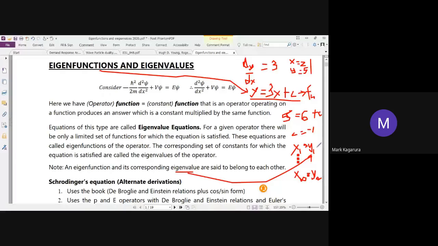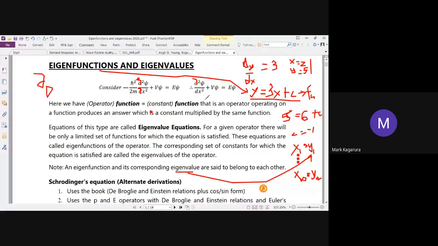Now, a lot of times we're going to look at a function which is an operator. I already used it for this del operator. This del is almost the same as the d. For most of the solutions of the Schrödinger equation, you have that del operator, we don't have a d.